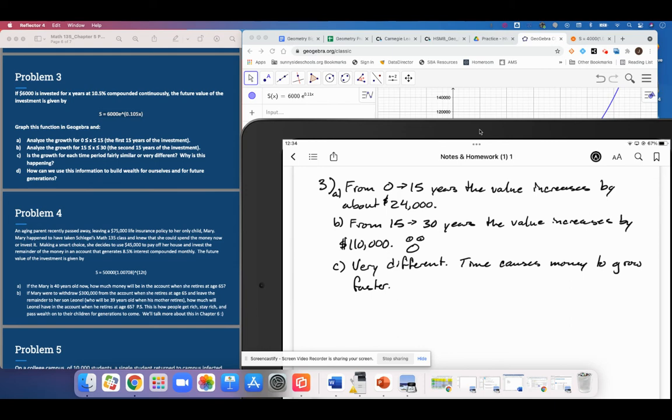And how can we use this information to build wealth for ourselves and our generations? Invest some money. And go away for a long time.